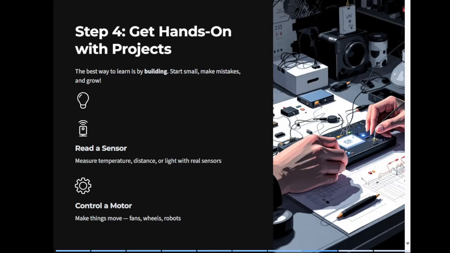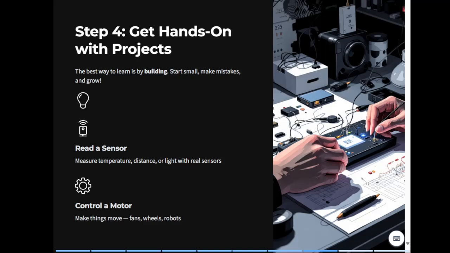Start with a small LED control, taking temperature sensor data, motor control, etc. Then move forward to advanced projects that give you real understanding and confidence. That's why projects are the most important part of learning.